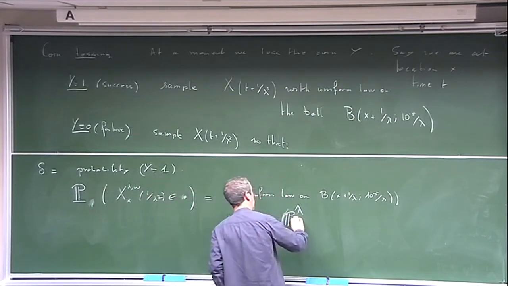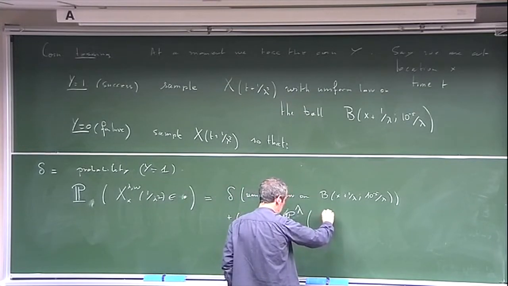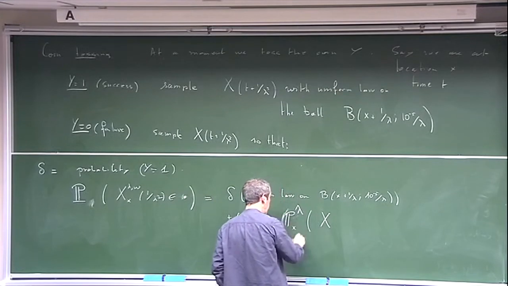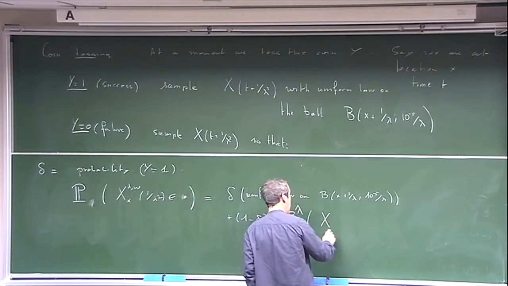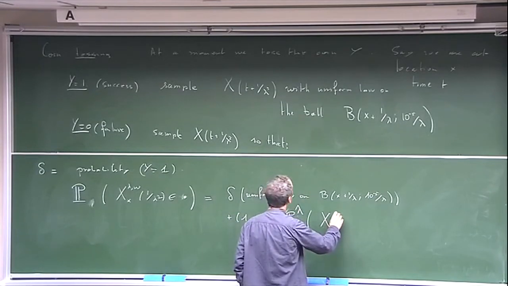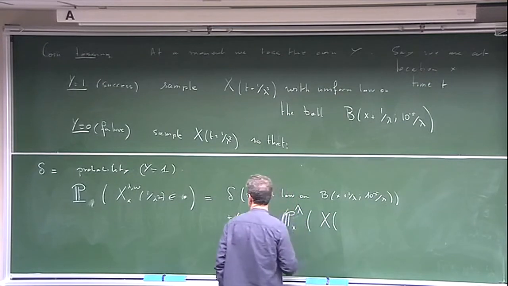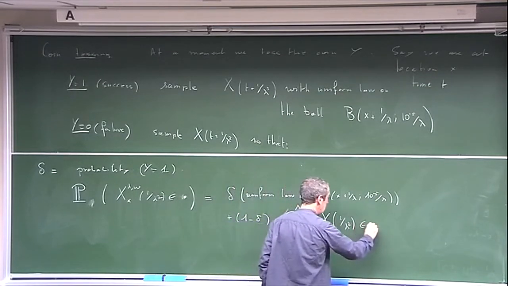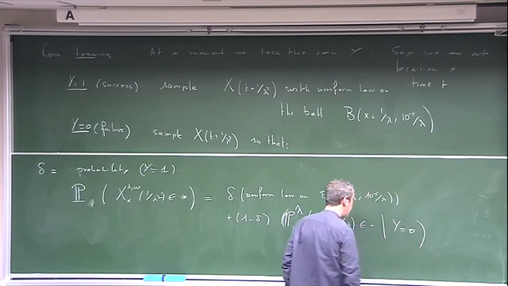So here we see the probability of my process starting at point x, at time 1 over lambda square, being in the set, conditioned on y equals 0.